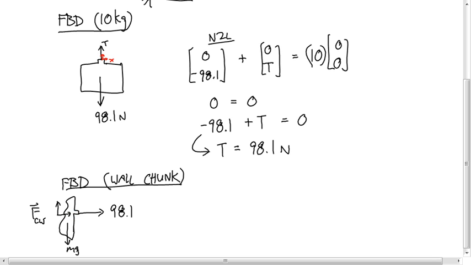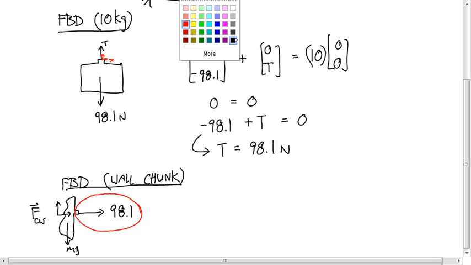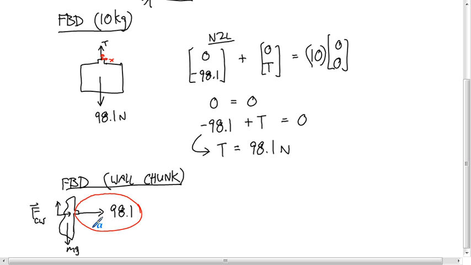But the lucky thing is the only thing we care about is expressing this force in components, and that we can do. So if we know that the magnitude of that force is 98.1, and we know that it's acting in this direction, what are the components going to be? Well, again, you can think of it two ways.